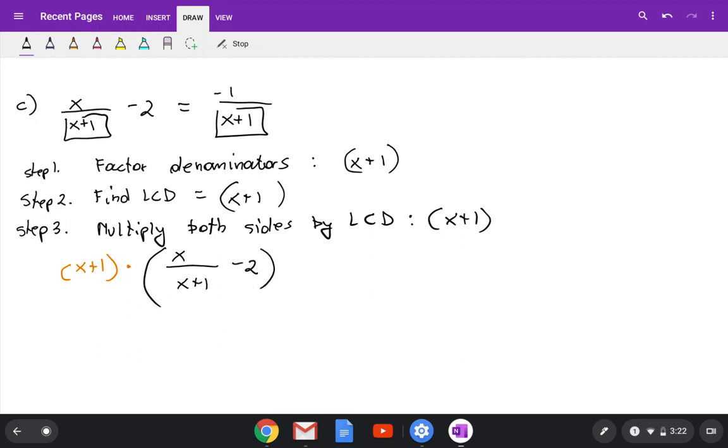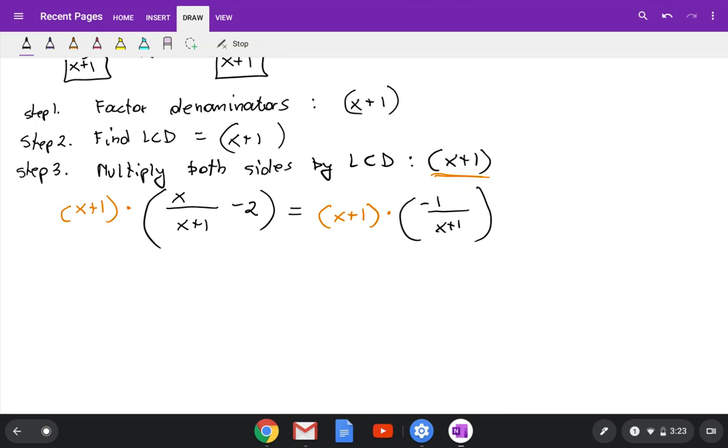Like you see, I'm putting the left side of the equation in the parentheses, so we know that we need to distribute that (x plus 1), equal the LCD, which is (x plus 1), times the right side of the equation, which is negative 1 over (x plus 1). Step 4 is solve that equation. So I will say distribute and solve for x.